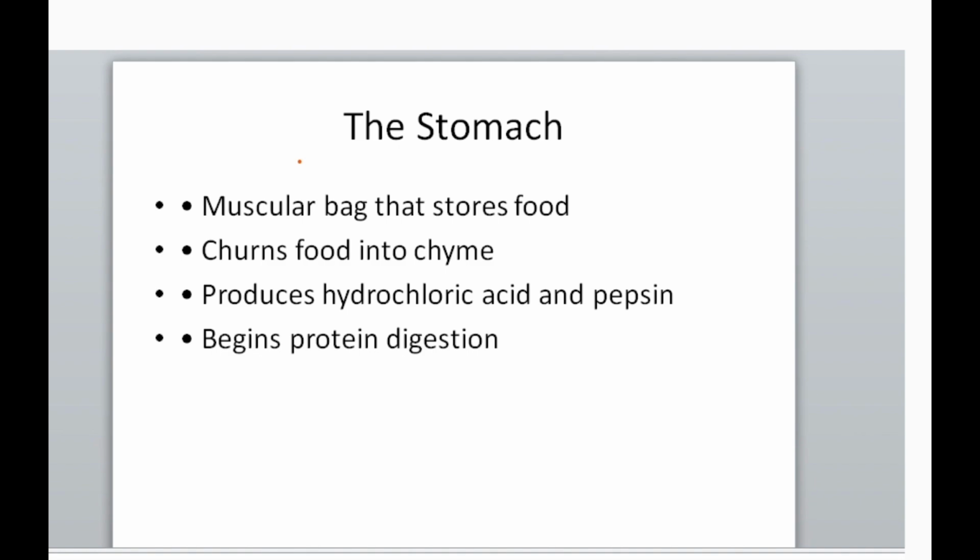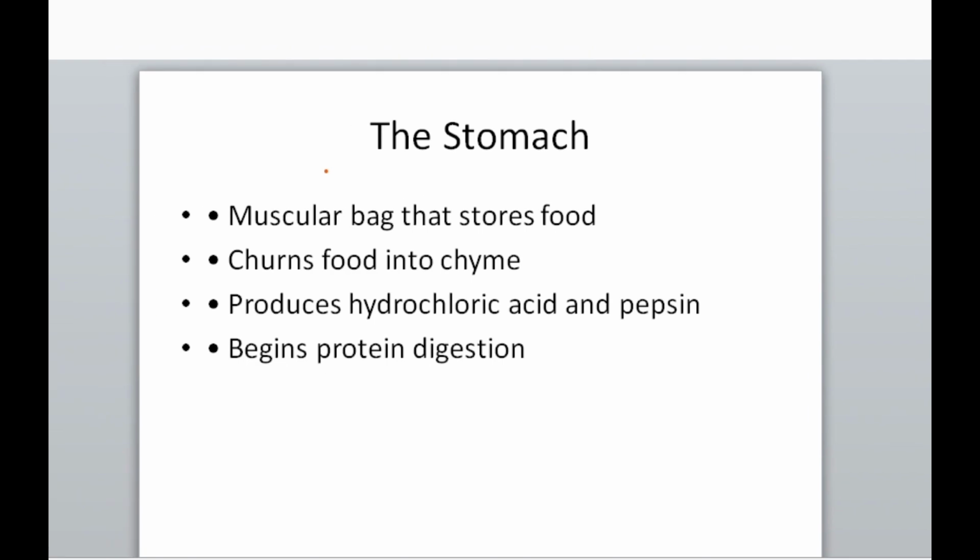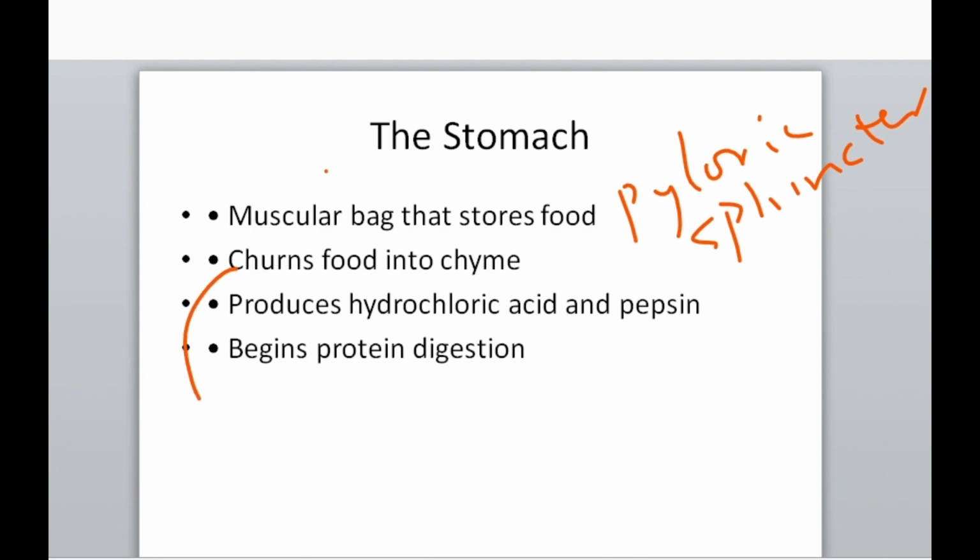The ring, which is called the sphincter, allows the passage of food into the stomach. Now, the food is churned in the stomach, and the food becomes more watery, and in that form it is called chyme.